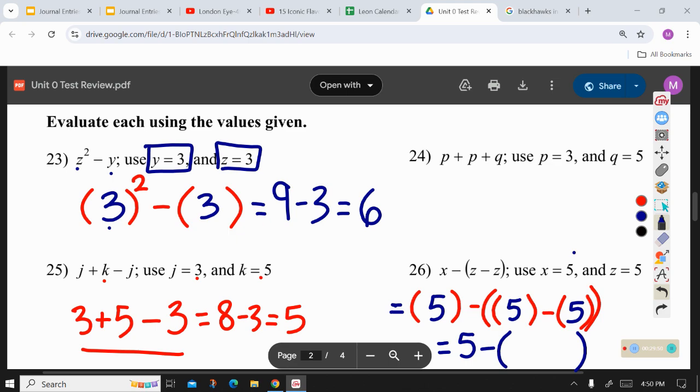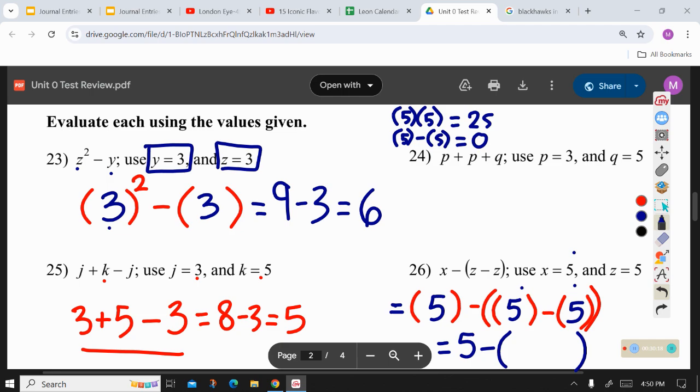Inside of those parentheses, notice we got 5 in parentheses minus 5 in parentheses. So I want you guys to notice the difference, right? If I have 5 times 5 like this, it means 25, right? But if you see 5 minus 5 like this, that means 0.